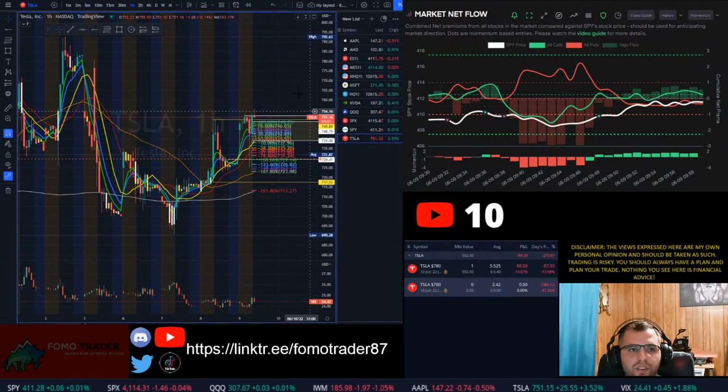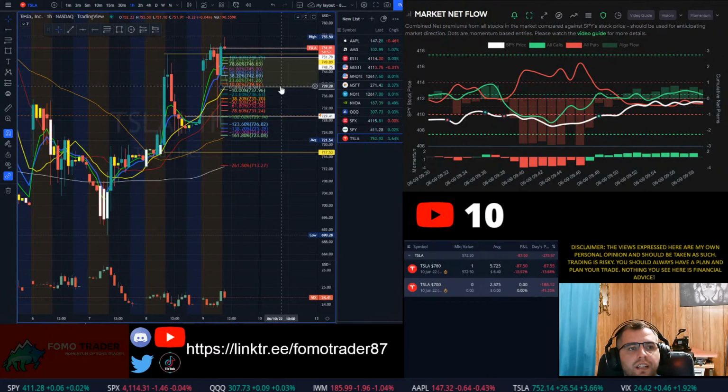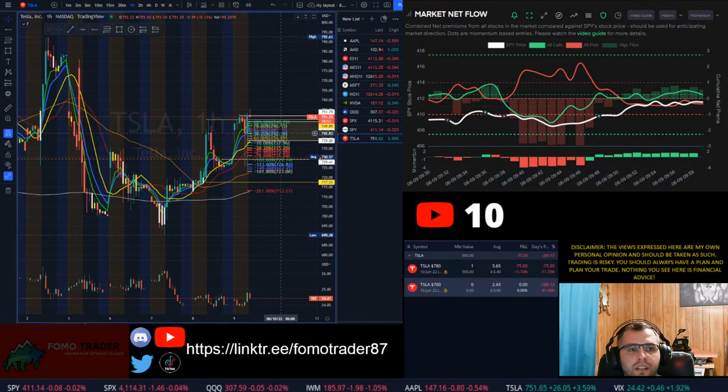And we are immediately pulling back. If you're not in that, I wouldn't chase because I'm already down 13%. I would wait to see how this next candle closes.